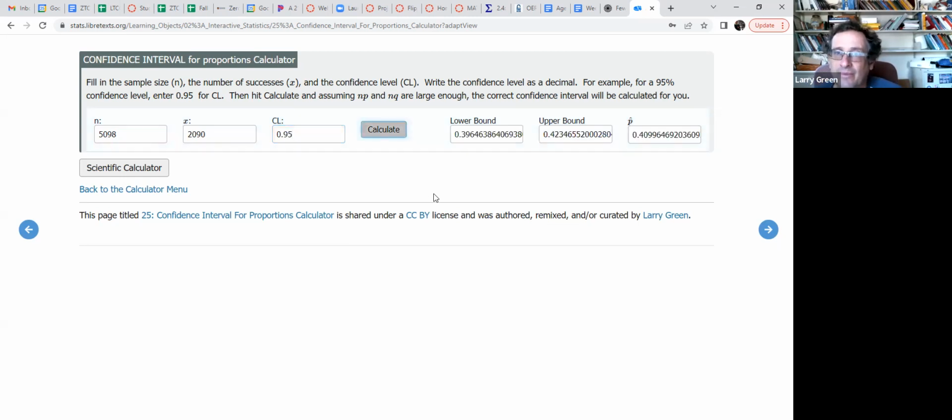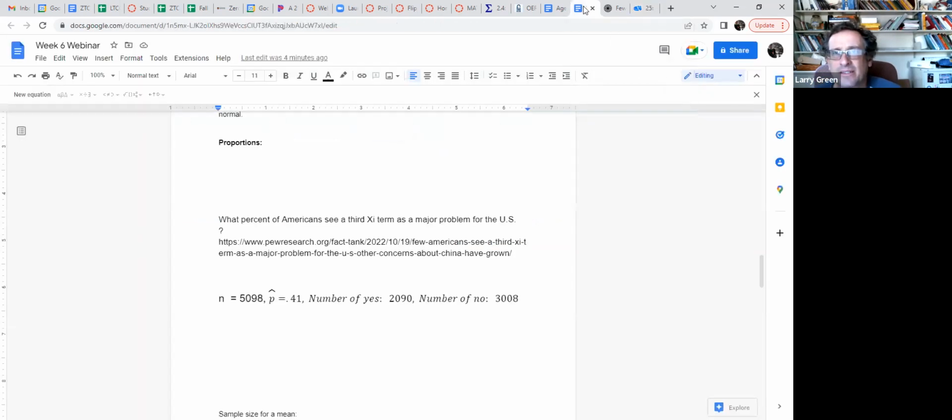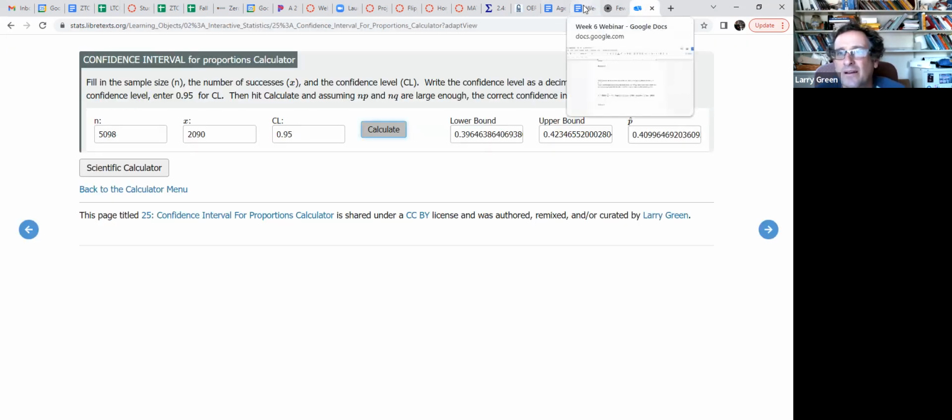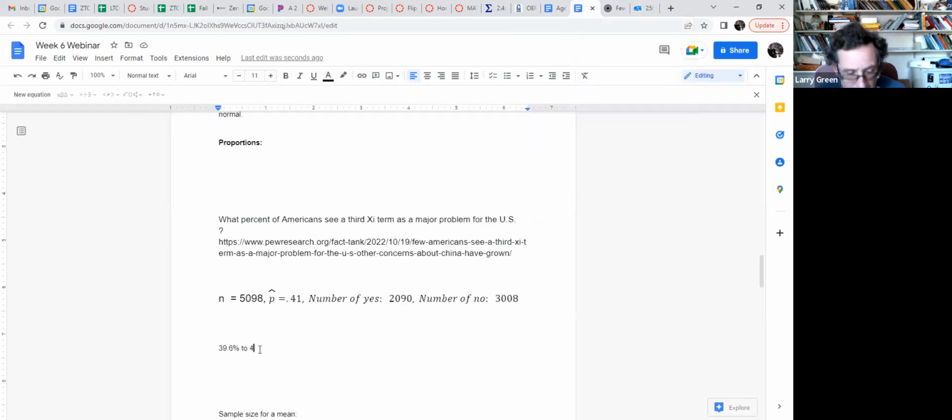Hit calculate. And there we have it. So maybe I'll round to a percent plus 1 decimal place. So 39.6% to 42.3%. I just turned it to percents because it's a little easier to understand with percents, because that's how they put it in there.